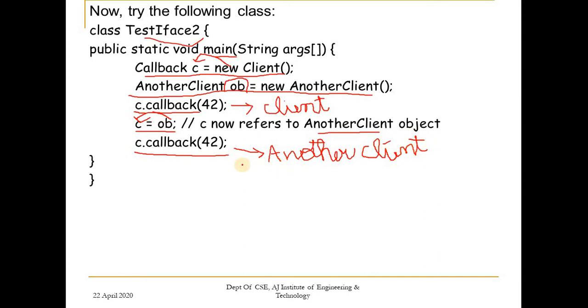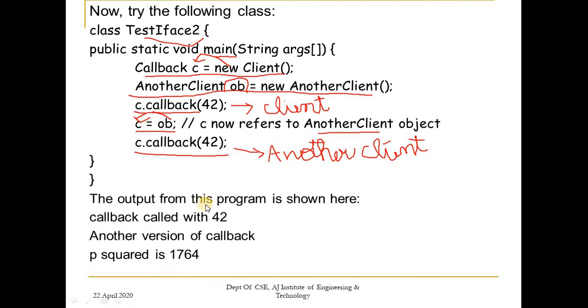So that is how this program executes. This was one more implementation of the main method, where you call the callback method of the Client class, as well as the callback method of the AnotherClient class. The output from this program is shown here. When you call the callback method of the Client class, it will display "callback called with 42".